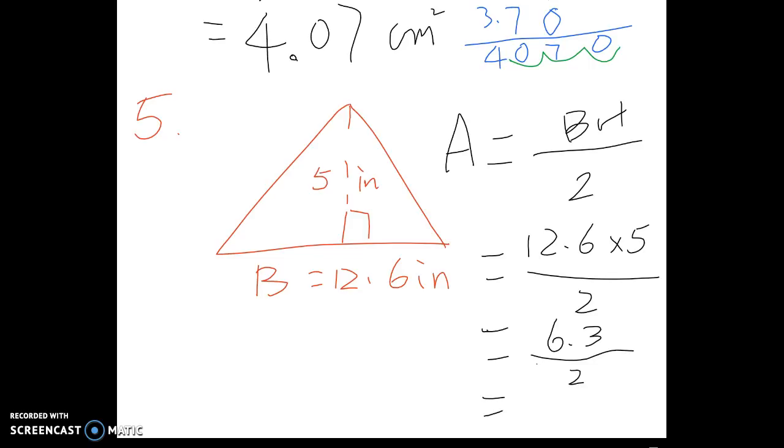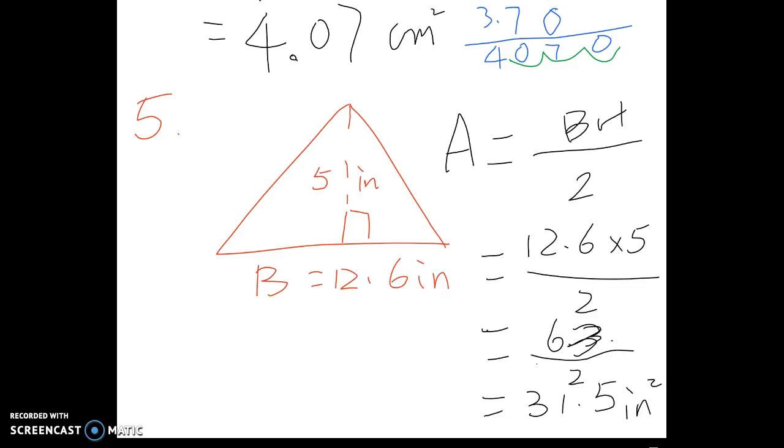Now, this answer should be 63 in the numerator, and then 63 divided by 2 will be 31 5/10, and the unit will be inches squared.